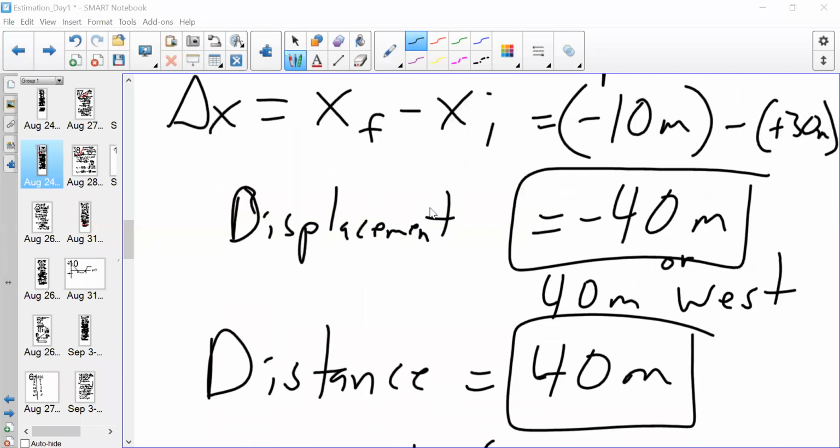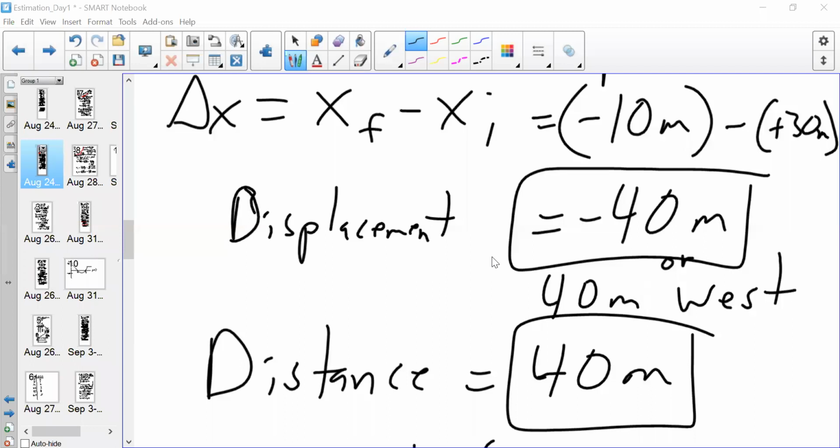Now, like I said, the distance would be just 40 meters, right? But if I went from 30 to minus 10 all the way back to 30, my displacement would be 0, but my distance would be 70. You guys see that? Because I will have traveled 40 way over there to minus 10, and I go back 40, and then, okay, it'd be 80.